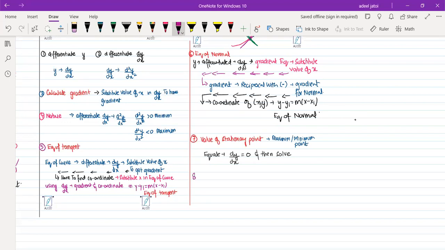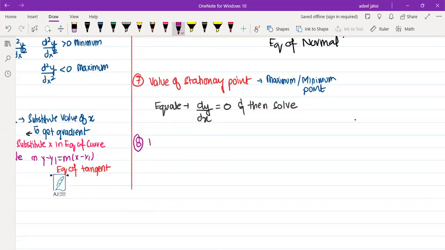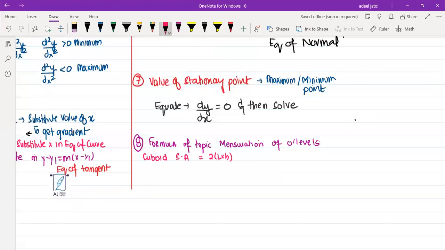The other important thing that you should know is the formulas of the topic mensuration of O levels, because cuboid surface area, which is 2 into LB plus 2 into LH plus 2 into BH, is used.